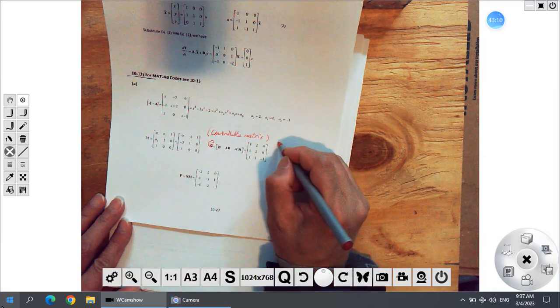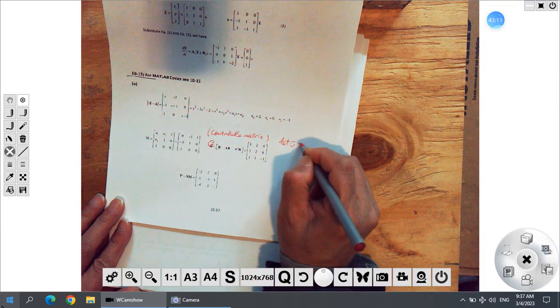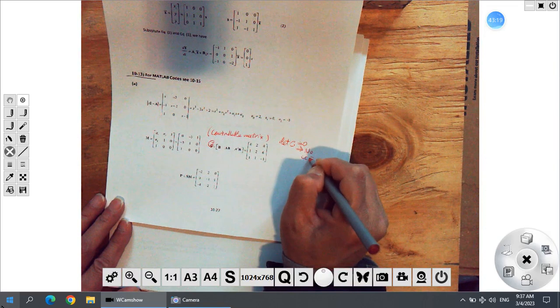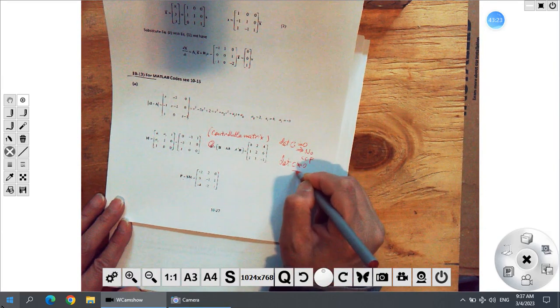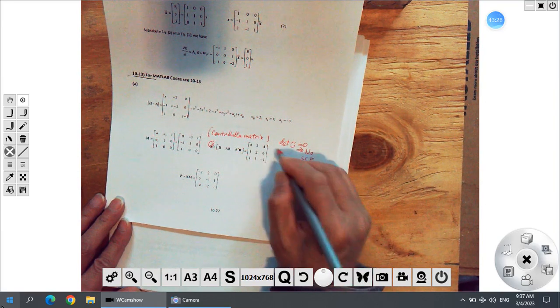Because you check the determinant of C: if it equals 0, then no CCF. If the determinant of C does not equal 0, we have CCF. Right? We need these two.